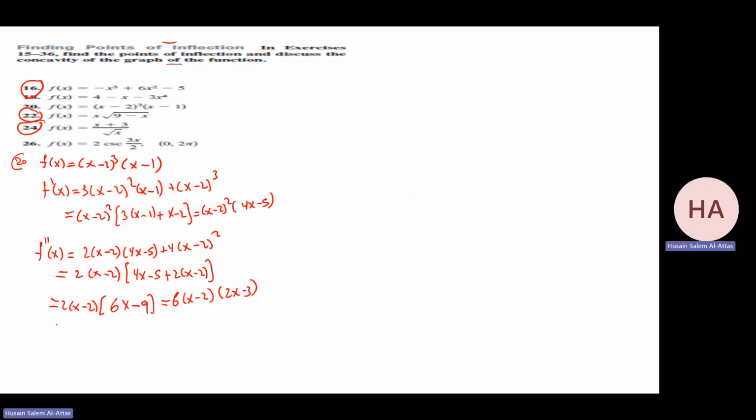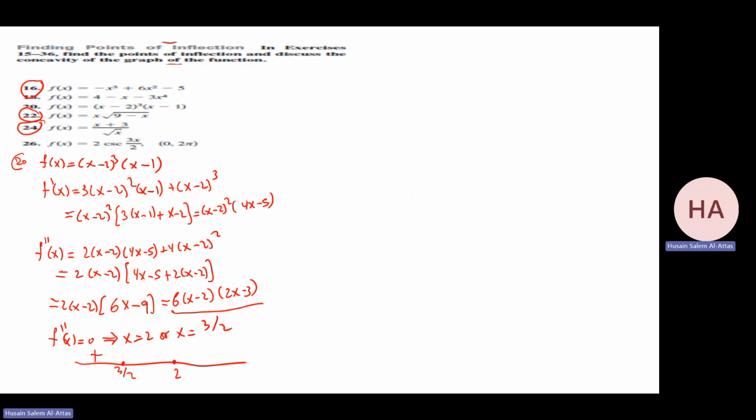Okay. So f double prime equals 0 when x equals 2, or x equals 3 over 2. I have 3 over 2, I have 2. Now to check the sign of this function. 0 gives me positive.